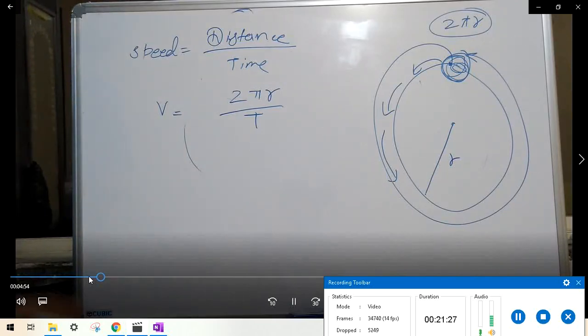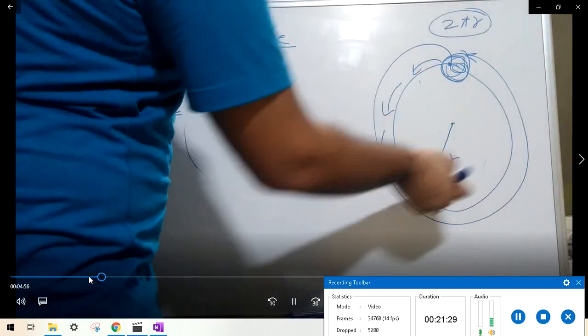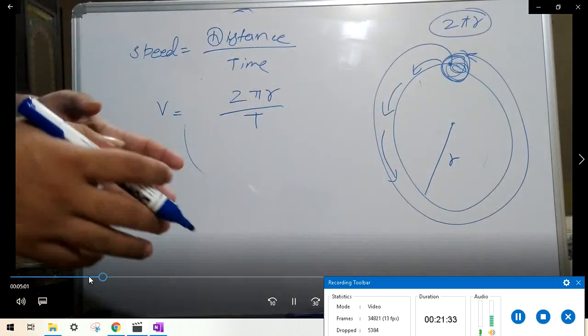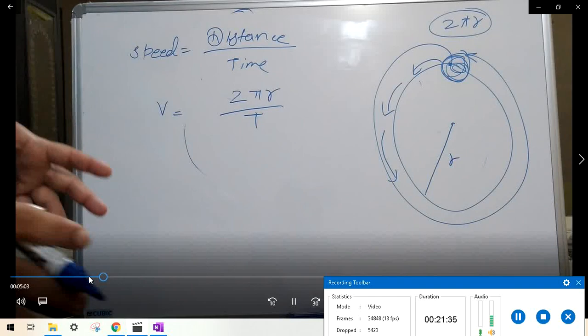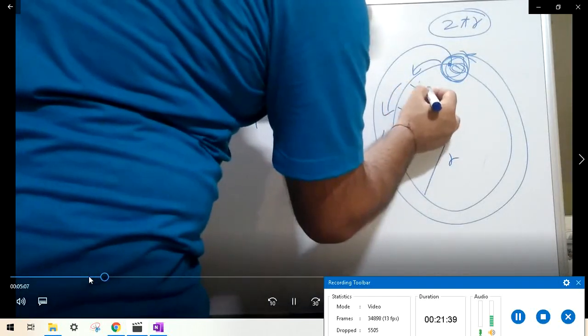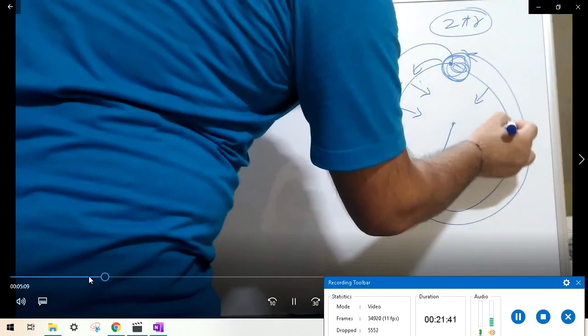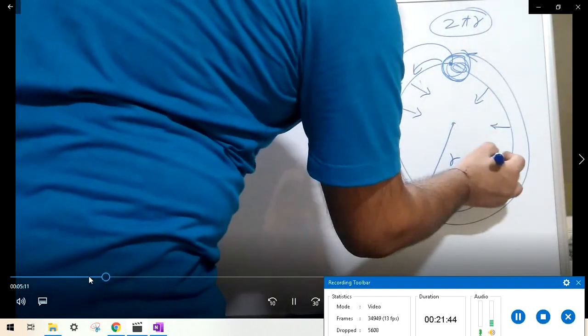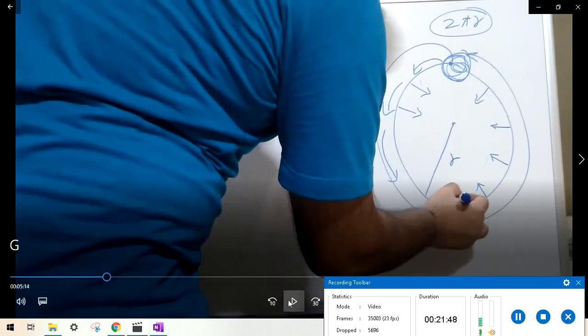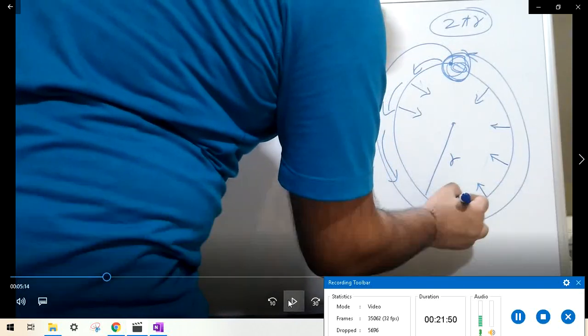Now when an object rotates or revolves in a circular motion, there is a force that is applied to those objects, as I also explained in the Zoom meeting lecture 2. This force acts towards the center of the circle, and the force we are talking about is centripetal force.